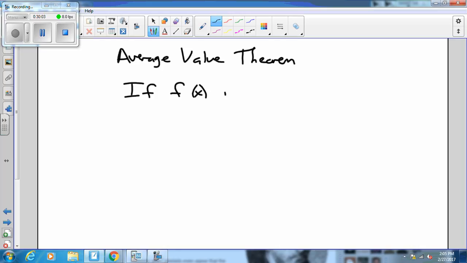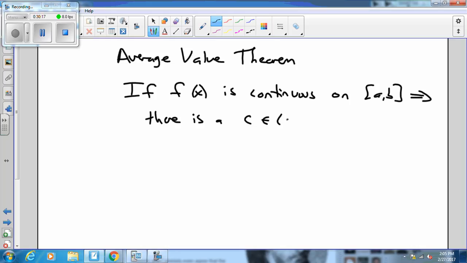And it goes like so. If f of x is continuous, there is a C in A to B such that f of C equals the average value.